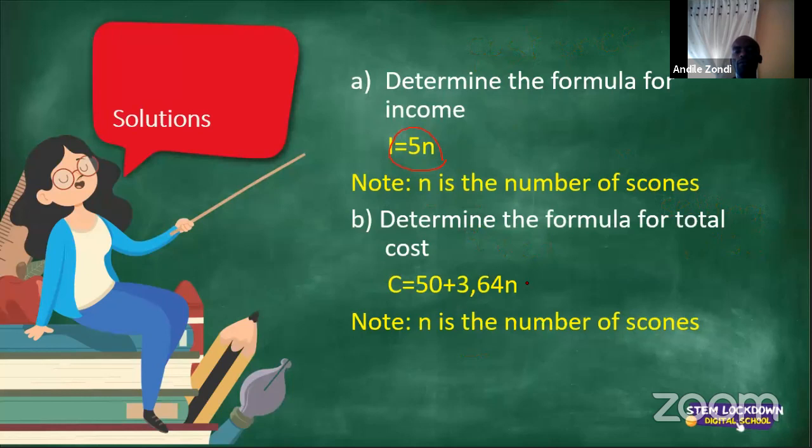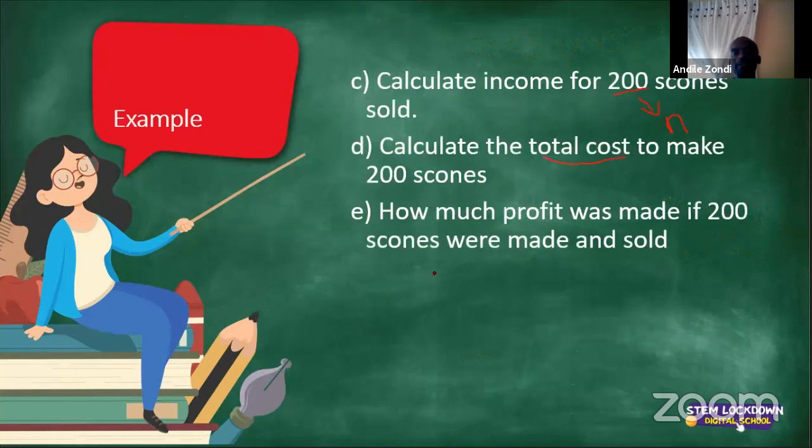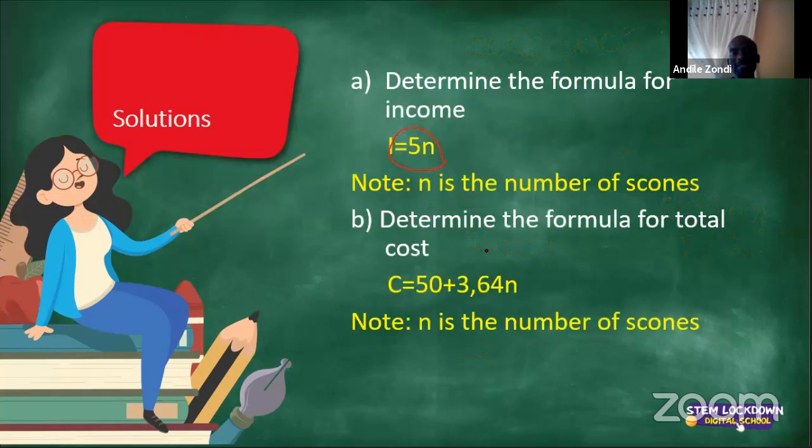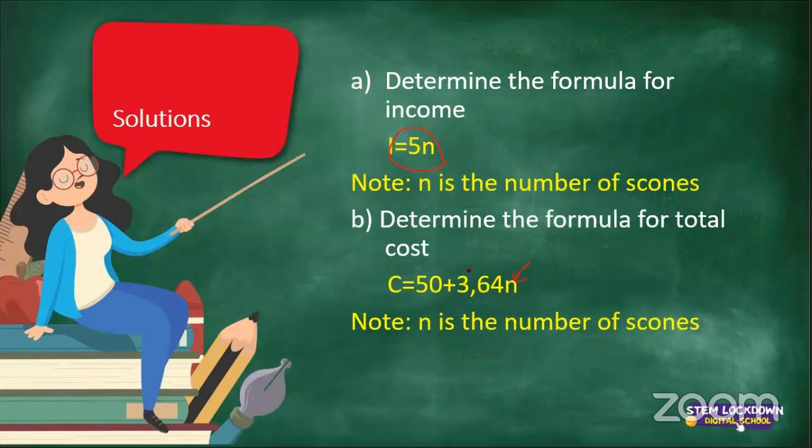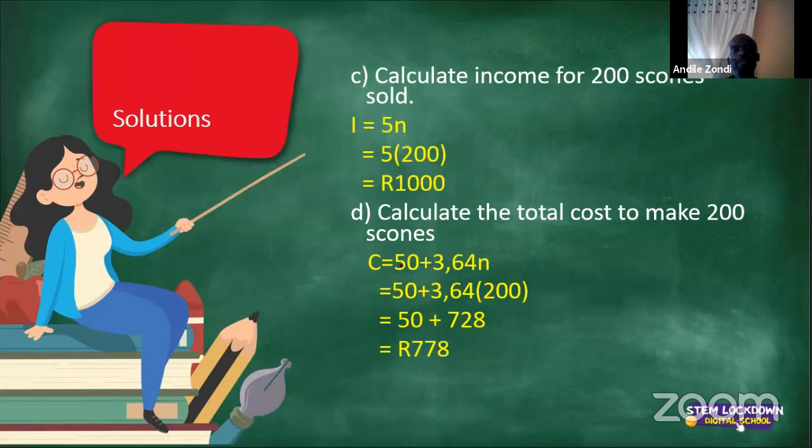We are told that she made 200 scones, so 200 in this case again will be our N. All you do is take your 200 and substitute it there for N. If you do that, you get 50 rand, our fixed cost, plus 3.64, which is our cost price, times N.